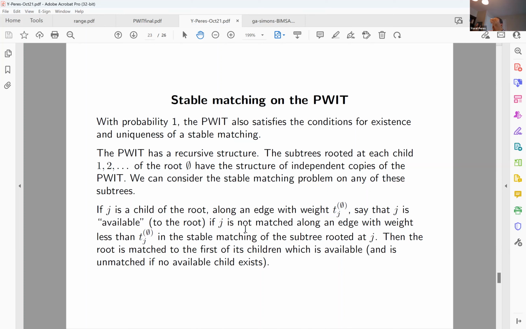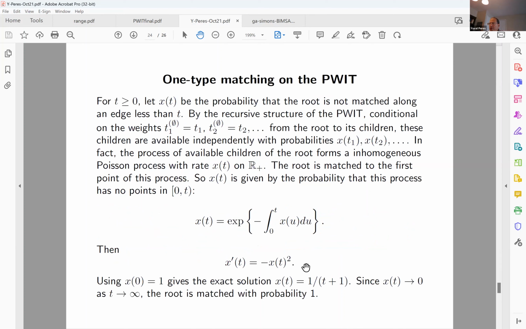And then the origin will be matched to the first available child. That's what we get on the PWIT. Then we can use the recursive structure. It's a very simplified version of the cavity method that will allow us to solve the problem on the PWIT. So let's get a little more quantitative.